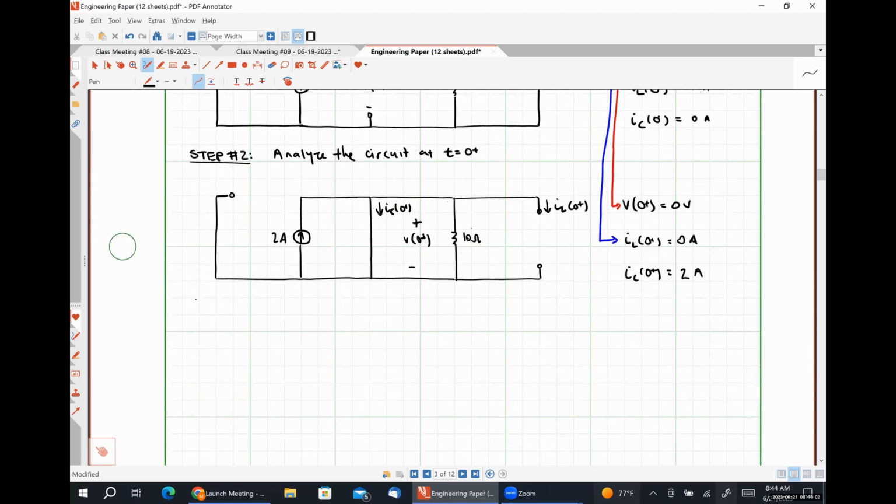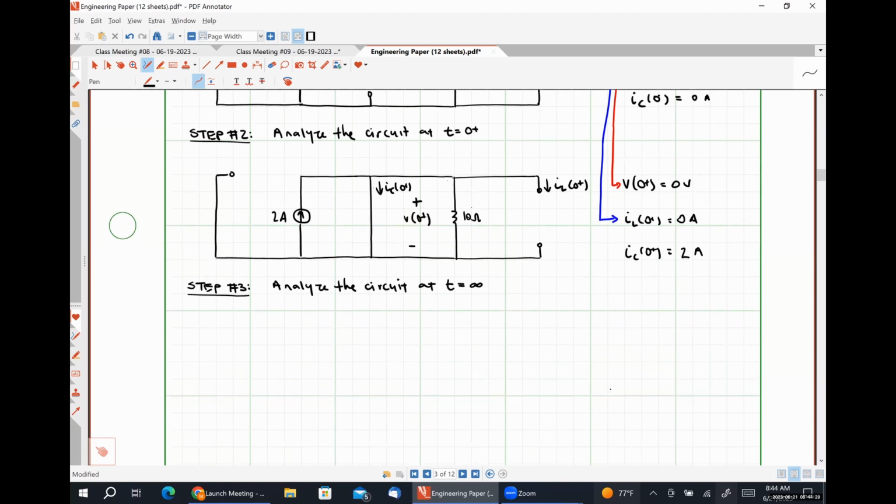For step number 3, we are going to analyze the circuit at t is equal to infinity.